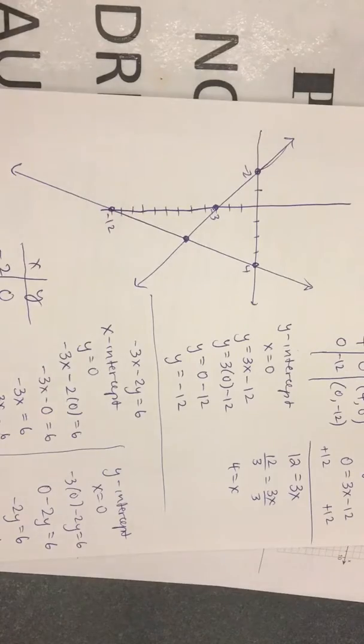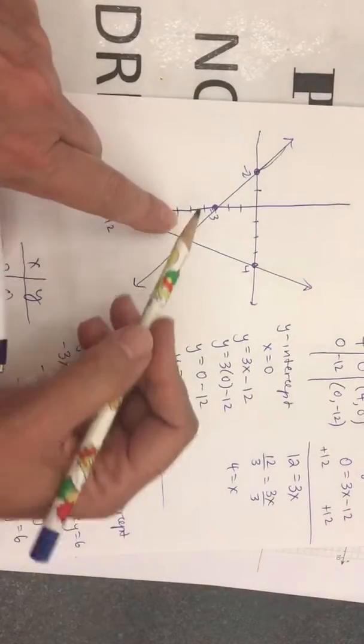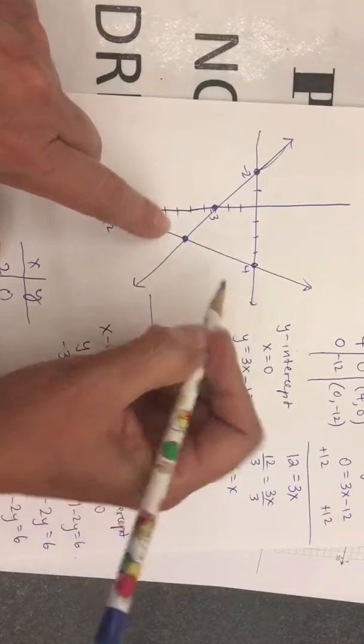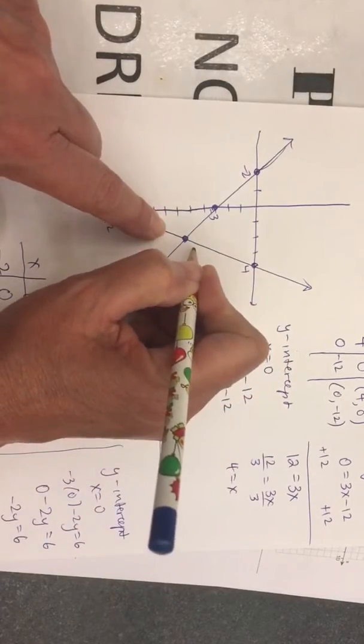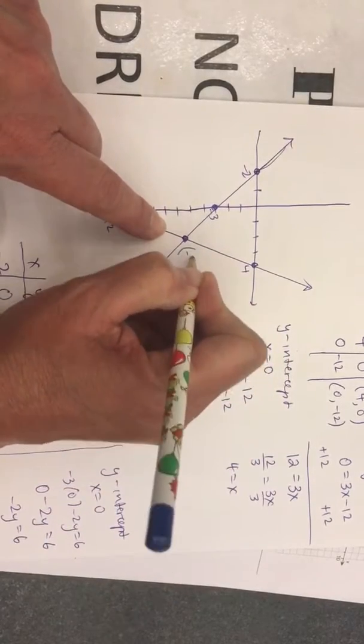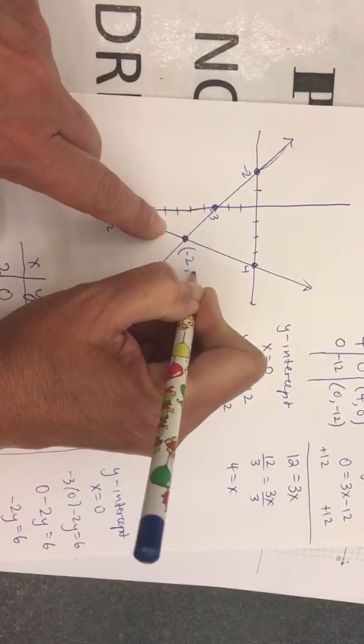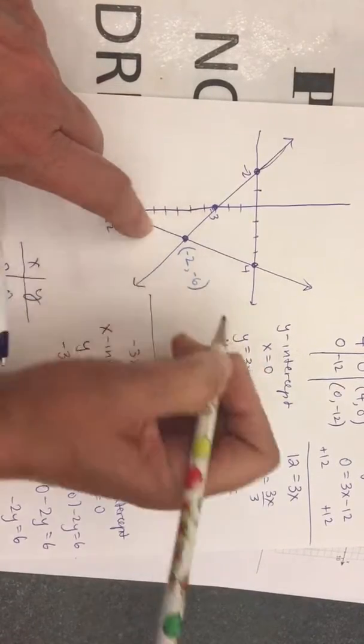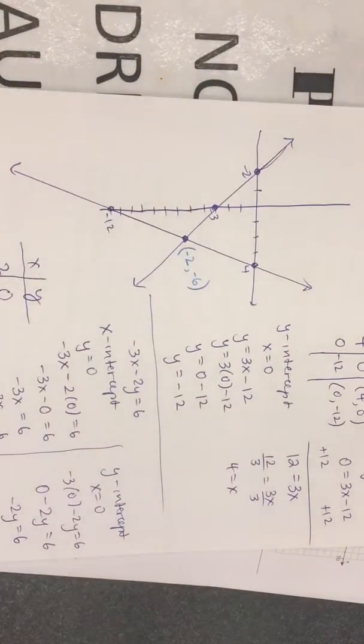I'm thinking it looks like x could be 2. Looks like y is like negative 5.5, but it's likely going to be an integer. I'm going to guess negative 2, negative 6. I picked up a pencil because I can erase it easily if that guess is wrong.